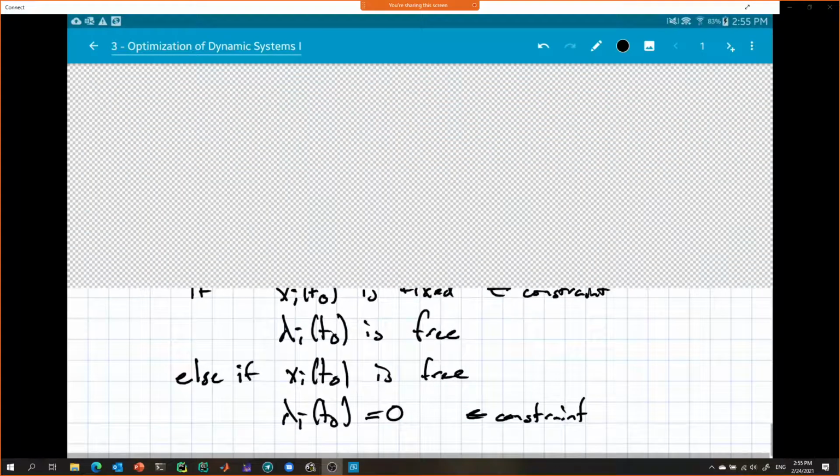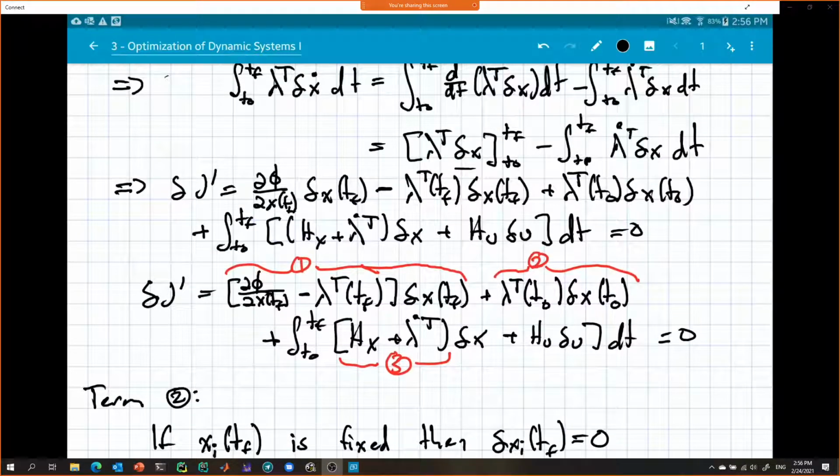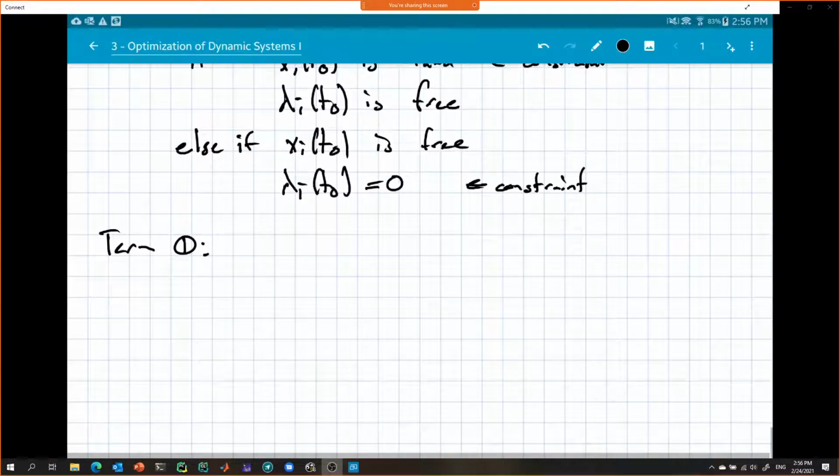Okay, we did the same thing to term 1. So if we look back up at term 1, it's the same thing, but instead we have this terminal cost right there.